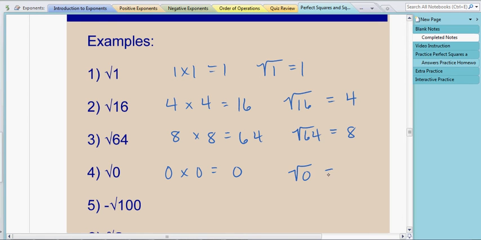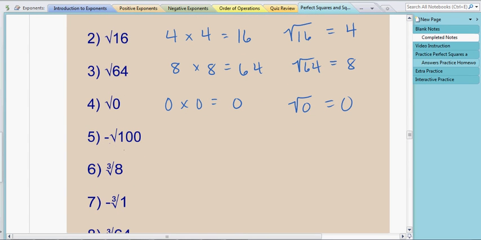What about the opposite of the square root of 100? So that's what this means in number 5. The opposite of the square root of 100. Well, the square root of 100 is 10, right? 10 times 10 is 100. The opposite of 10 is just negative 10. Number 6, the cubed root of 8. So what number times itself 3 times is going to equal 8? If you said 2, you are correct.